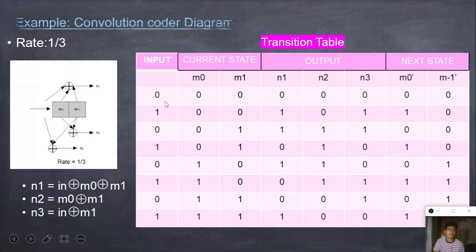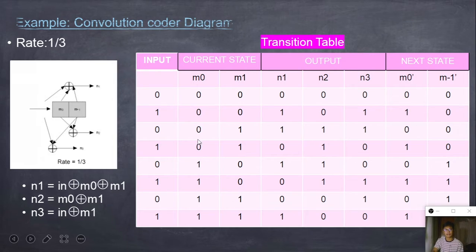If the input is 0, the current state M0 is 0 and M1 is 0, the N1 is 0. Input 0 XOR M0 0 XOR M1 0 gives N1 as 0. For N2, M0 is 0 XOR M1 is 0, so the output is 0.